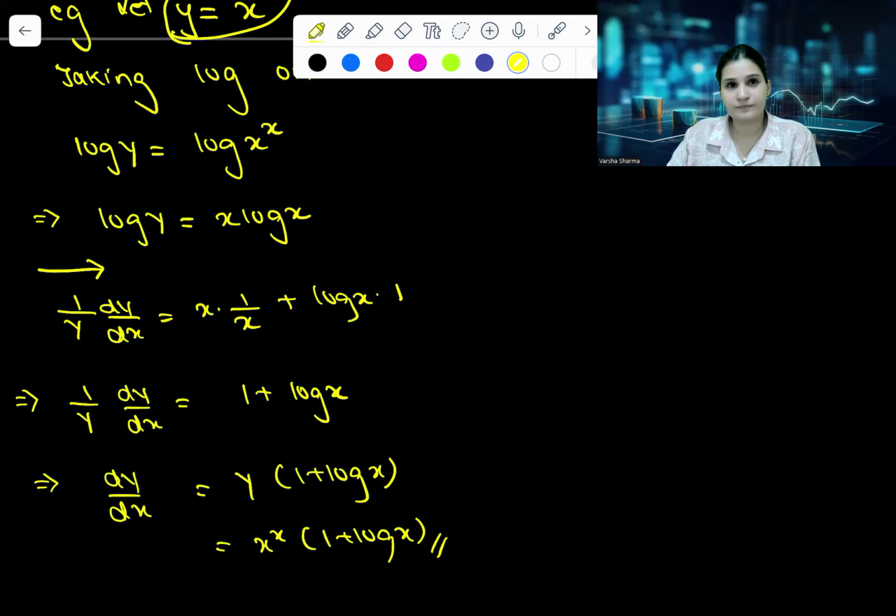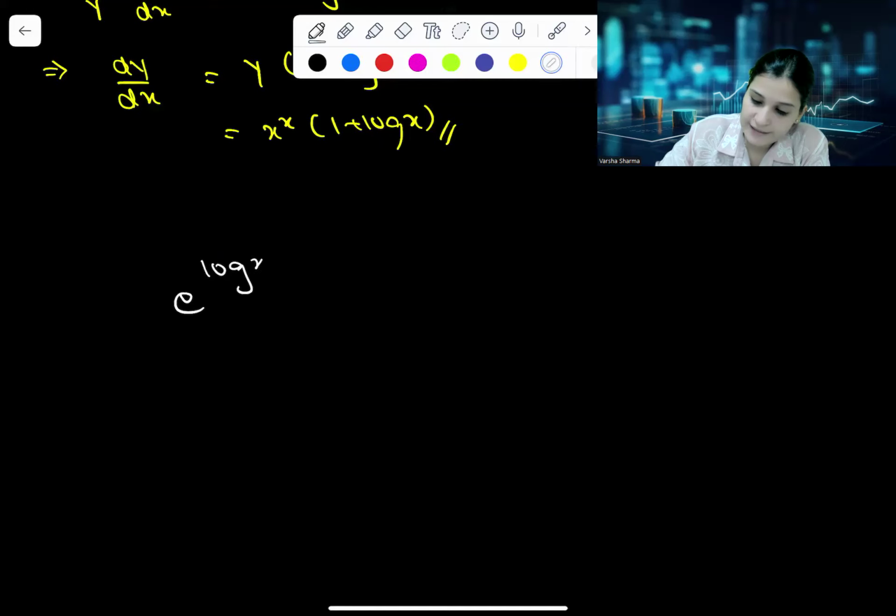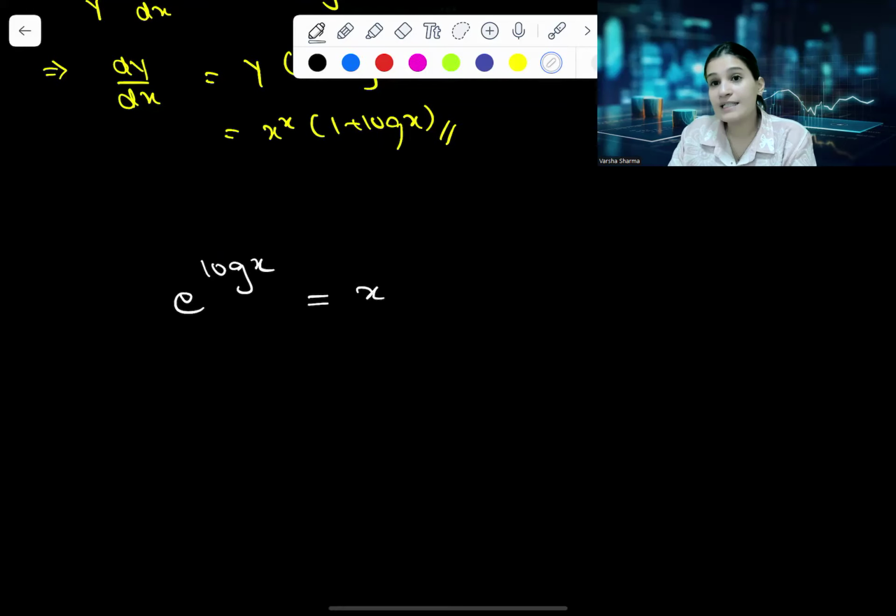Any doubts here? Okay. While using e, what we will do? First understand that e power log x can be written as x. So what I'll do is I'll write it in a complicated manner.